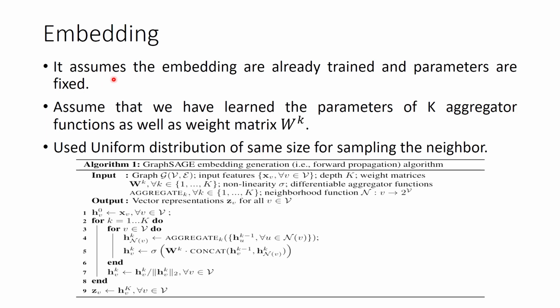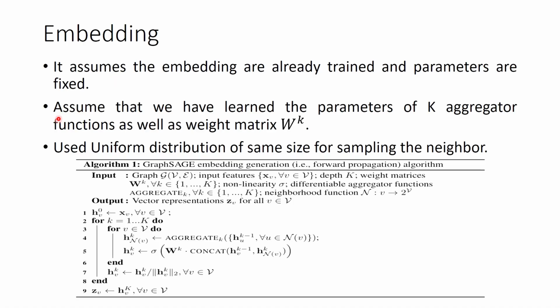Let's say we have text data, so we do its embedding with some external generator like word2vec or sentence2vec. After getting the embedding, we pass this embedding to the GraphSAGE for processing.